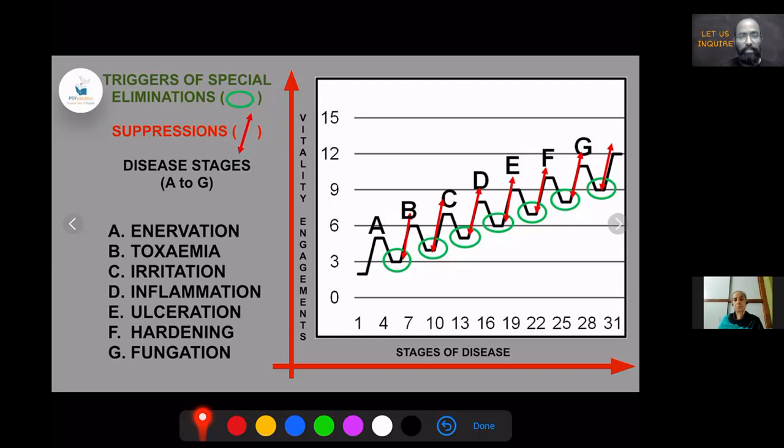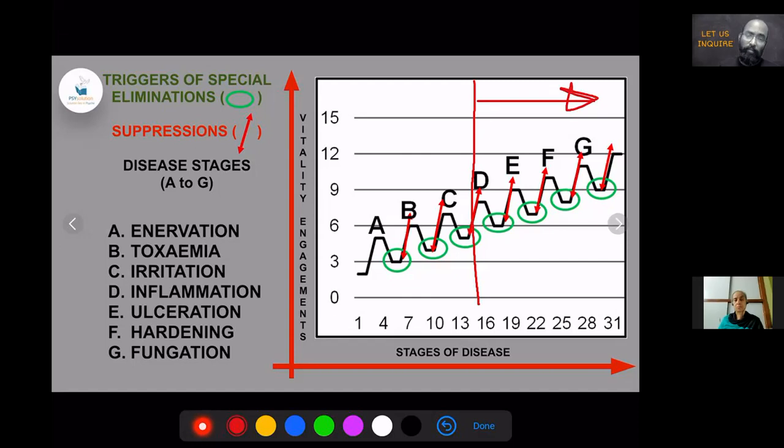So this is the fourth stage of disease. Though the chronic can happen at any stage, these are definitely the chronic, D, E, F, G. Sometimes acute comes as spatial elimination during these phases, but D, F, G are experienced primarily as chronic.